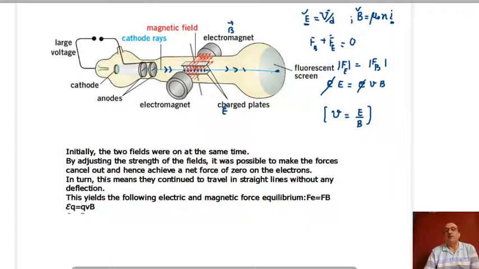The charged particle moves undeviated when E by B is equal to v. So by this method, we get the velocity of charged particles, because we know the electric field, and we know B, the magnetic field, because we know i. So we are able to get the velocity of the charged particle, that is the electron.